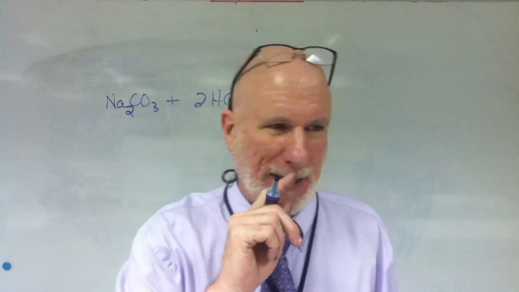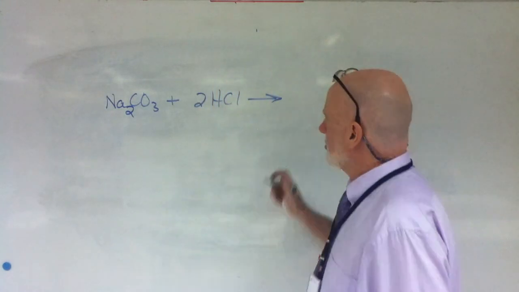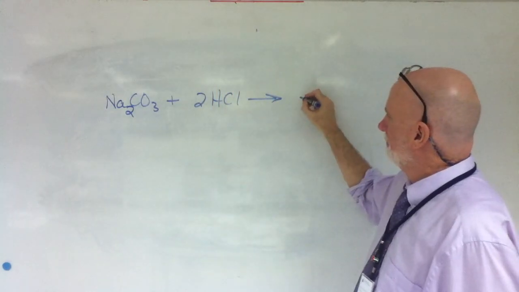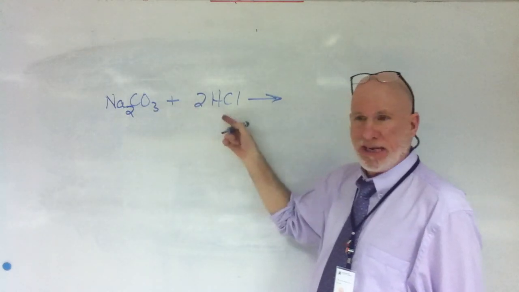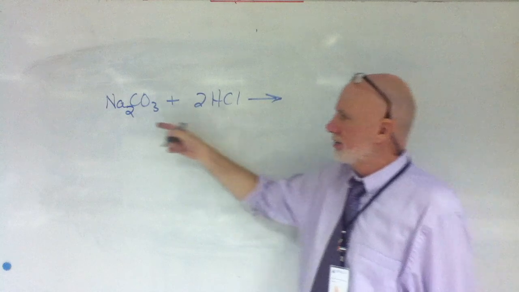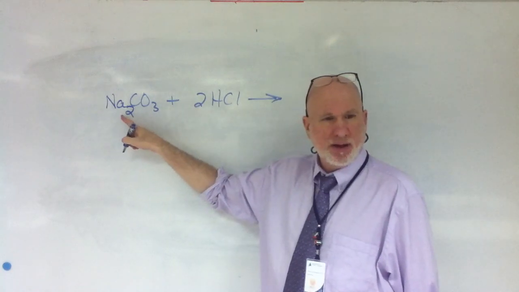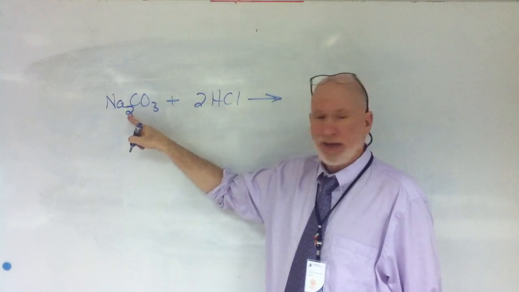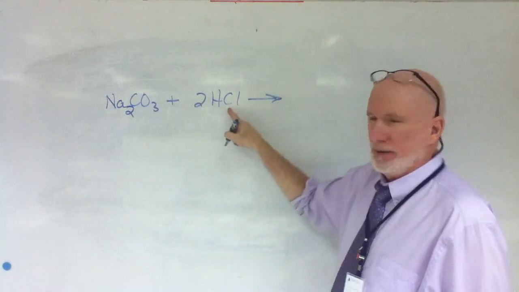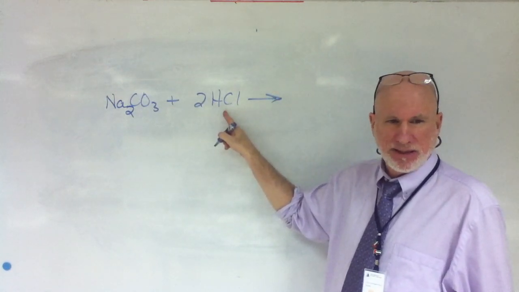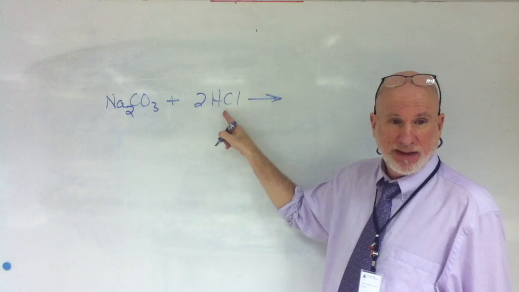Okay. So let's do this now. It's just going to be a salt plus an acid. In other words, the salt of a weak acid. This is a salt of a weak acid. I'll explain in a minute. This is a strong acid, hydrochloric acid, muriatic acid, used in concrete work for getting rid of excess concrete.